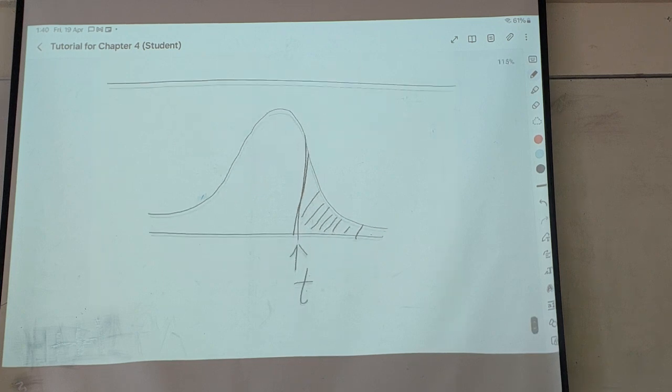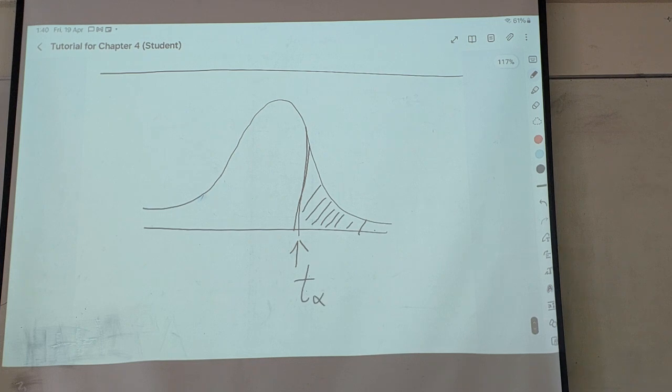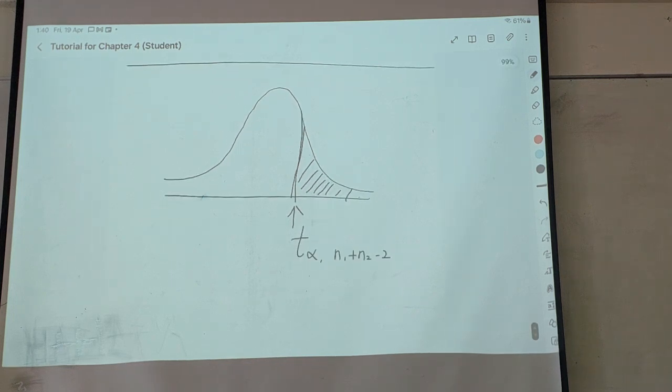So how do we find the critical value? We don't need to divide alpha by 2 since it is one-sided. So the degree of freedom is n1 plus n2 minus 2. What is the alpha here? 0.01.